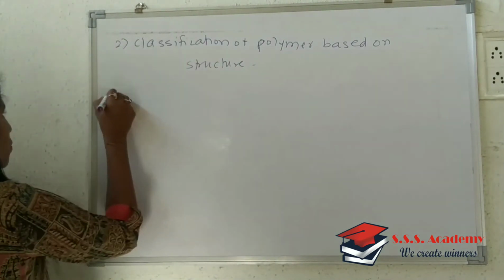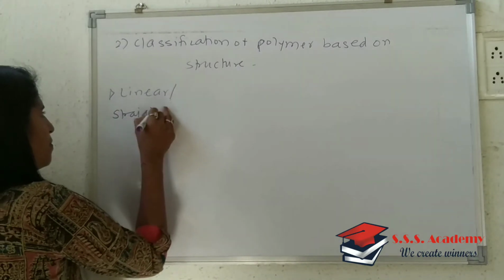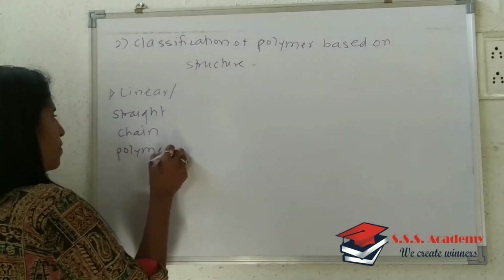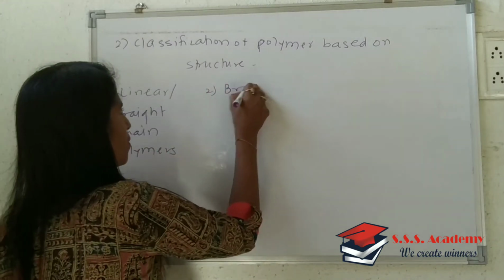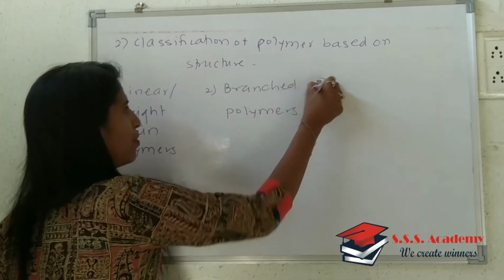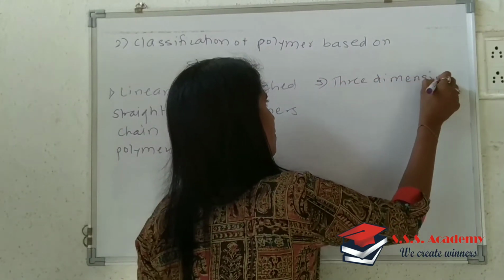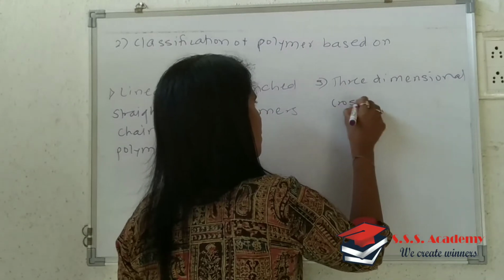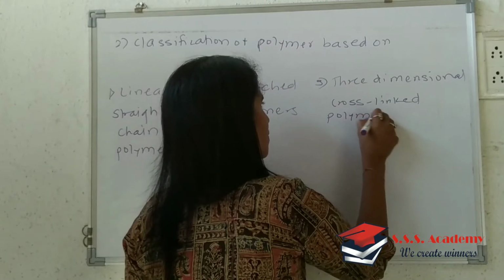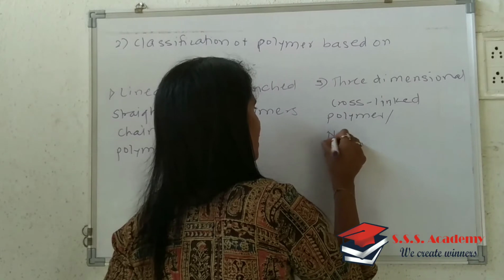One refers to linear polymer, which is also called straight chain. The second refers to branch polymers, and the third one is the so-called three-dimensional cross-linked polymer, or it can also be called network polymer.